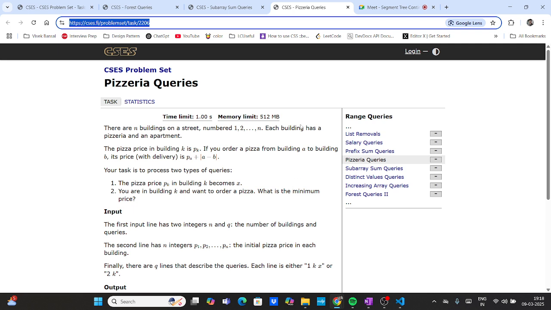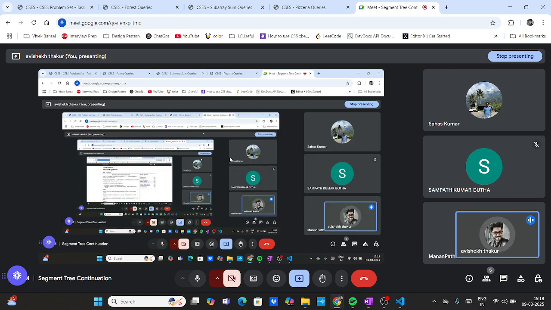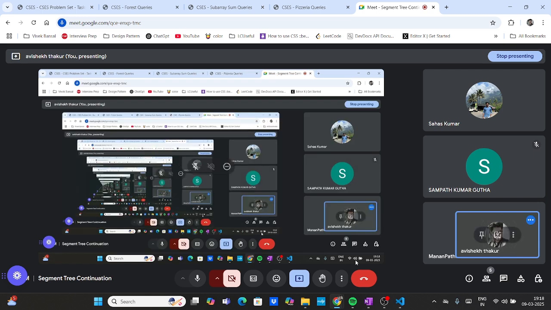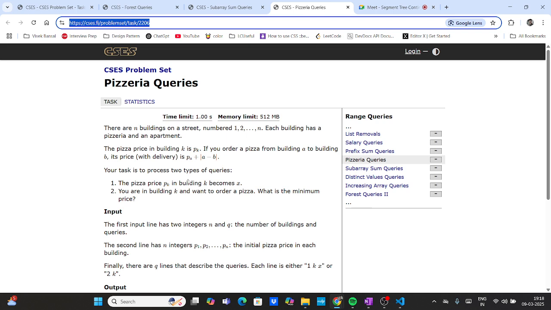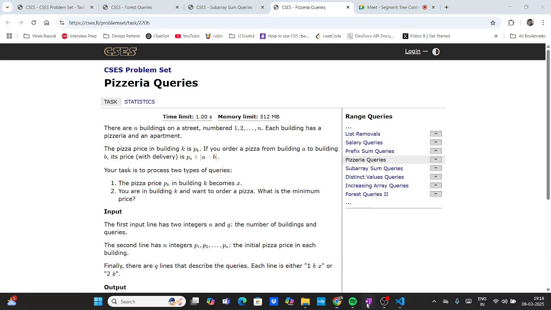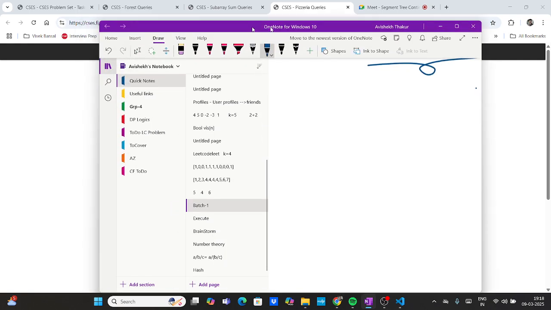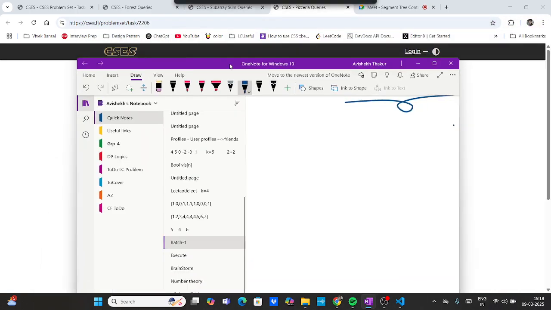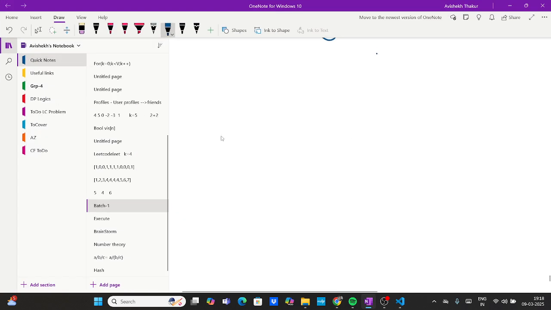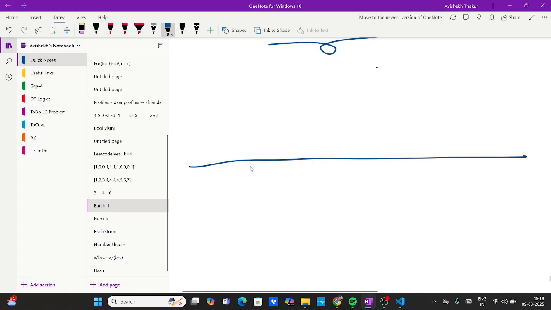Yes, bro. Okay, what about others, Sam and Manan? Can you explain? So, there is a road. Let's assume there is a road and there are some buildings, and each building has a pizza store maybe.